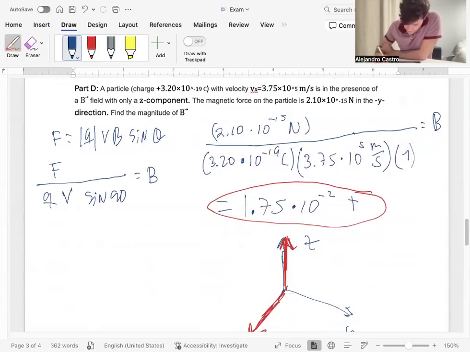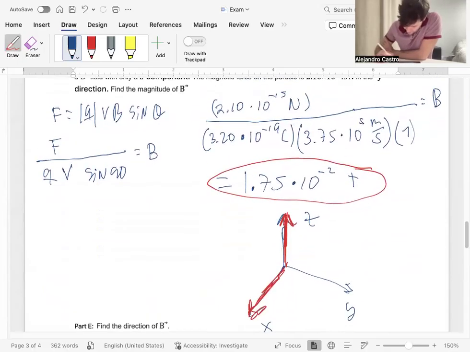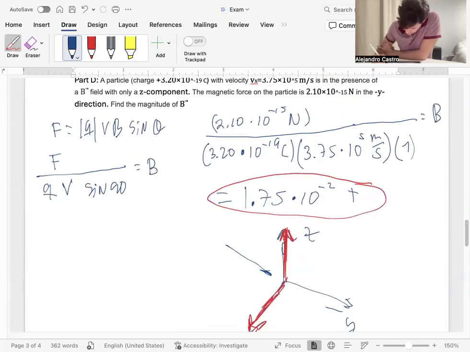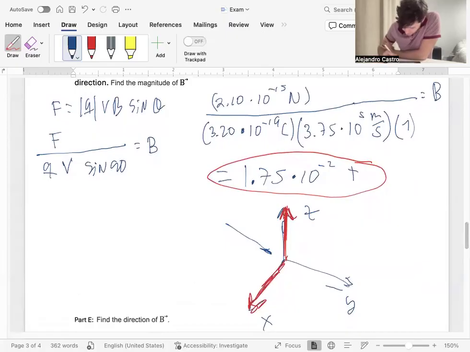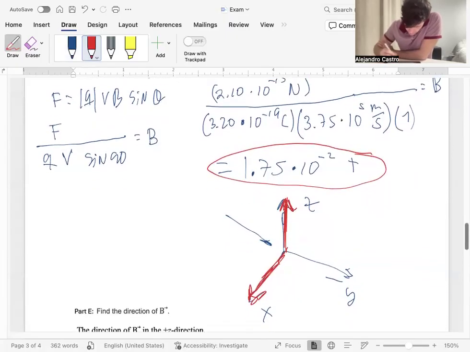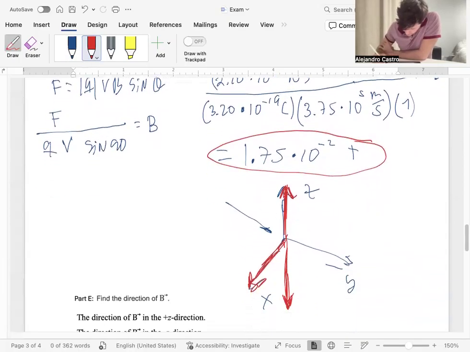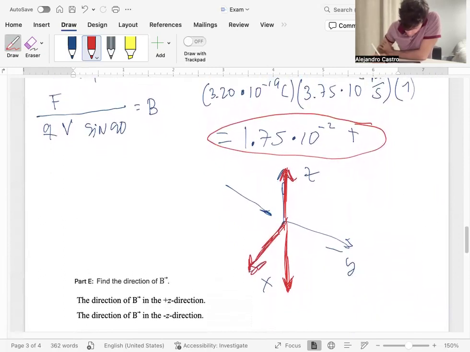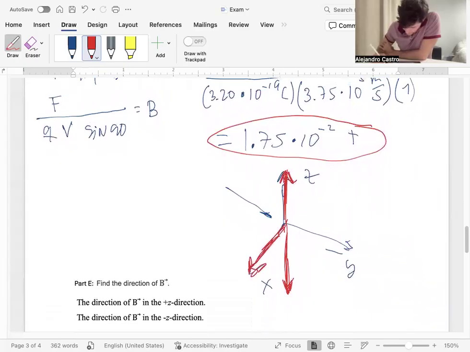Okay, yes, it's given to us here. The force has to be perpendicular. For it to go straight and go up, okay, the force has to be perpendicular.